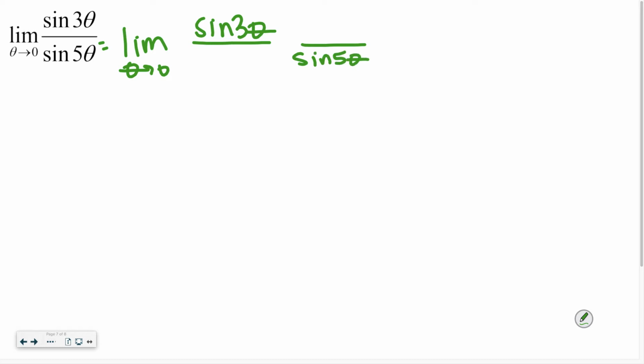Can I just split it into 2 fractions like that are being multiplied? Is that okay? Okay. And so then we can multiply by 3 theta over 3 theta. I just multiplied by 1, right? Why did I do that? That limit is 1.